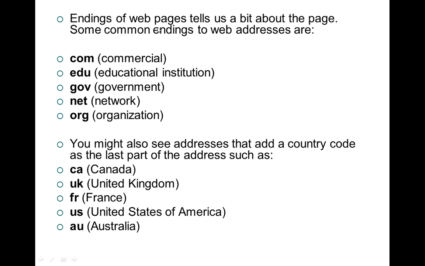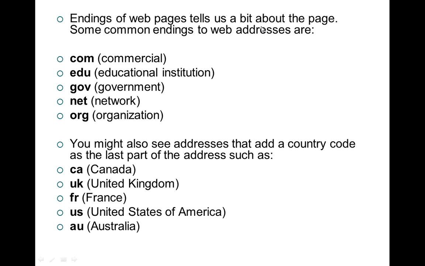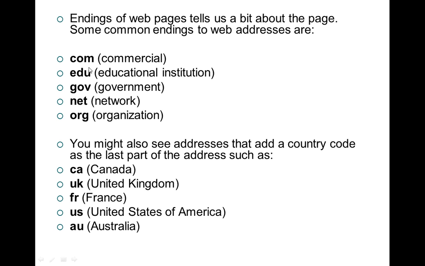This says endings of web pages. Endings of web pages tell us a bit about the page. Some common endings are, for example, google.ca. A common ending is com. Suppose I am writing www.google.com. I am writing com because it is one of the endings of web addresses. The main meaning of com is commercial.